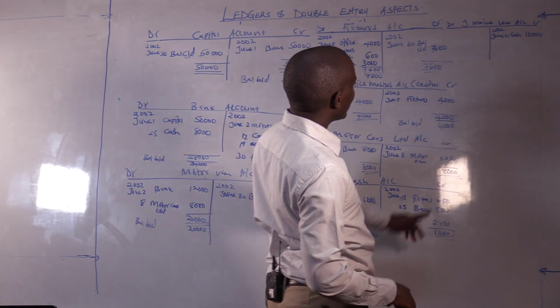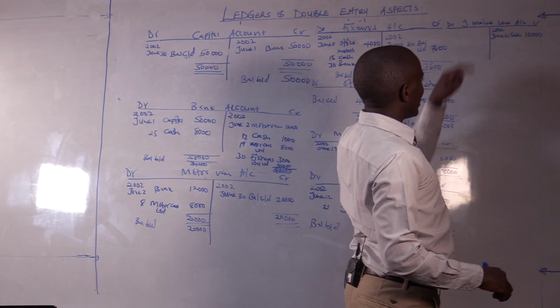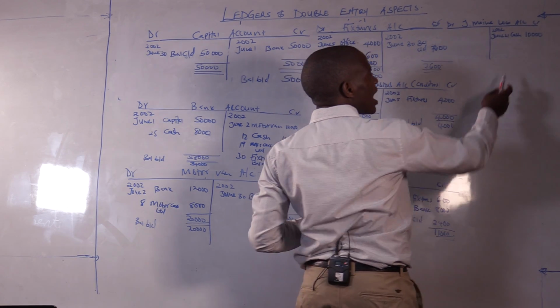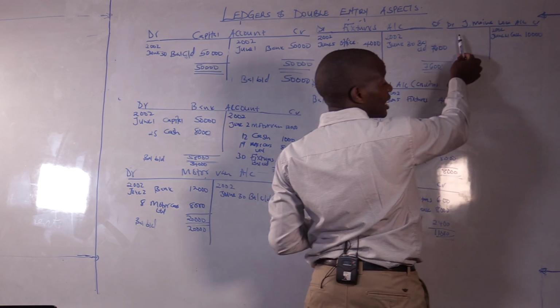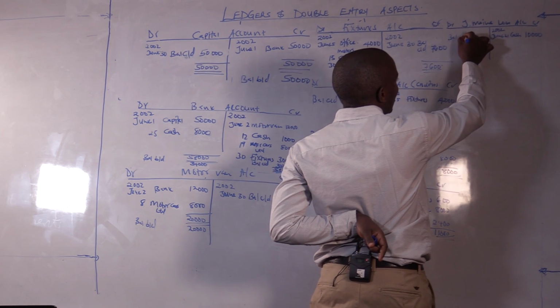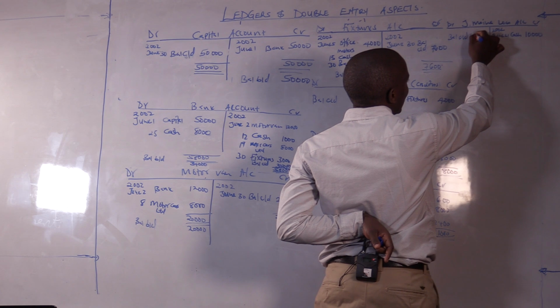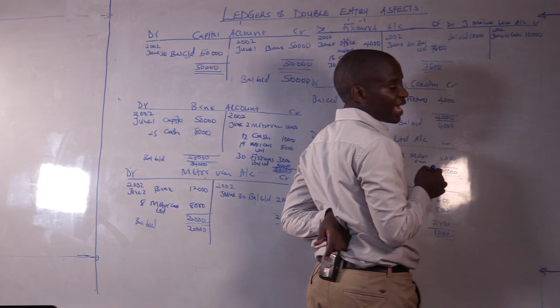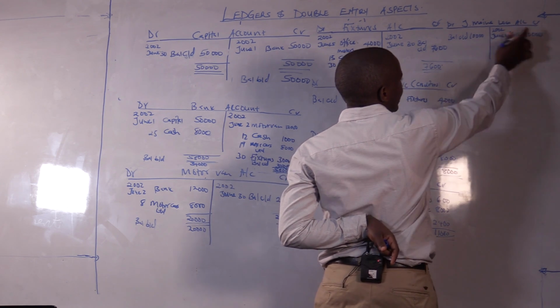So that is it. Then we have the loans account. On this side we have 10,000. This side we have 0. So we shall have balance carried down will be 10,000 like that. So 10,000, 10,000.